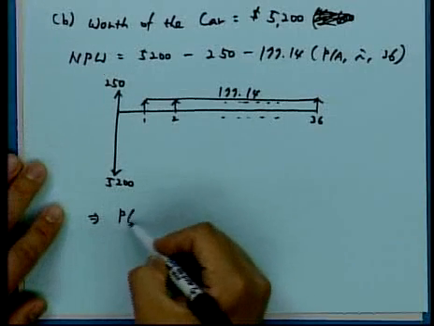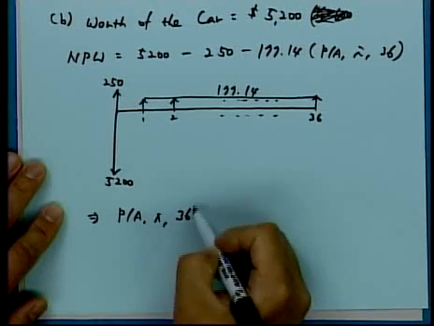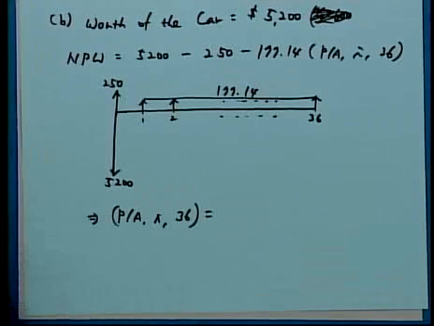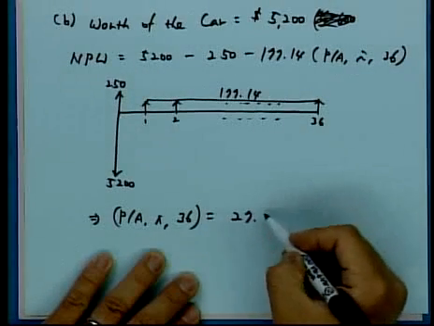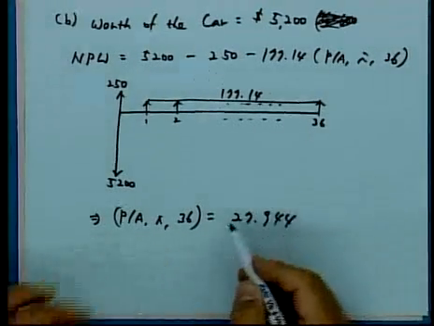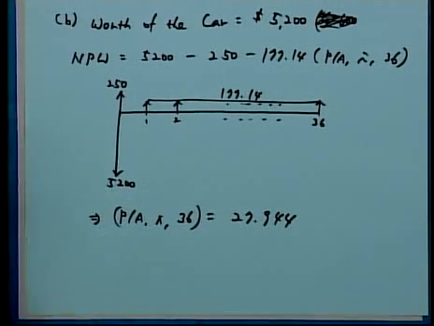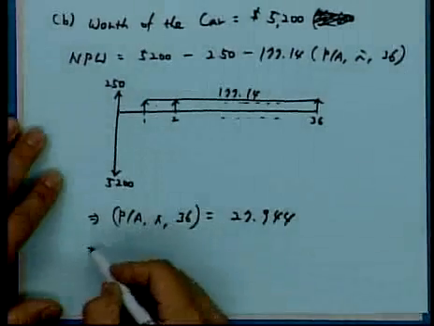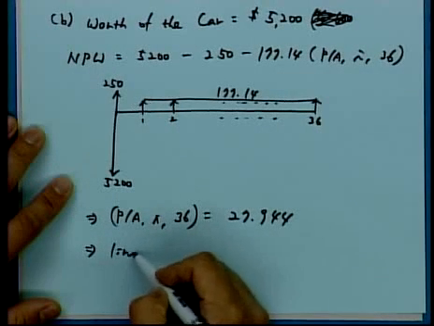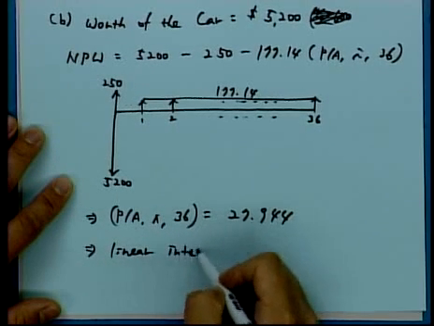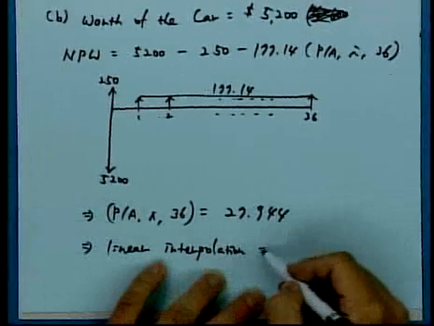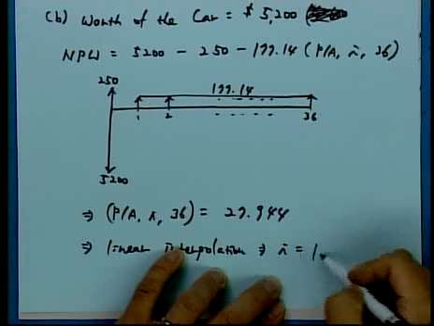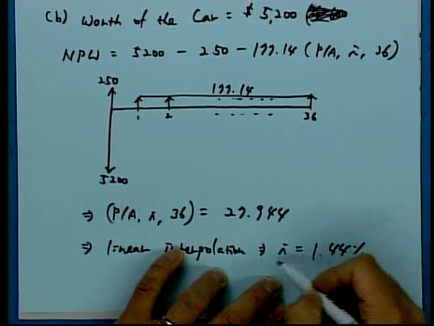So P given A, i over 36 periods would be, from my previous calculation, 27.944. Okay. Again, if you use linear interpolation, i would be 1.44%.